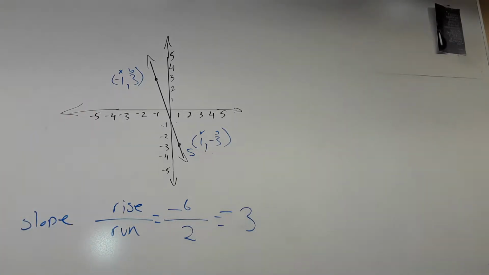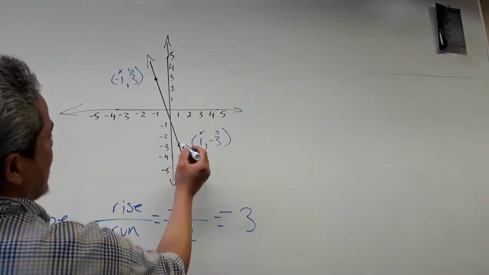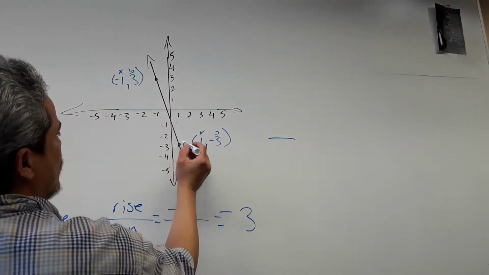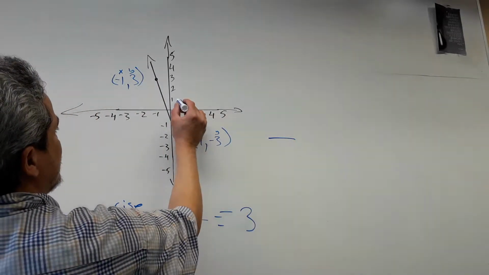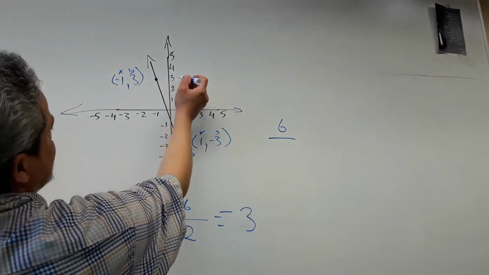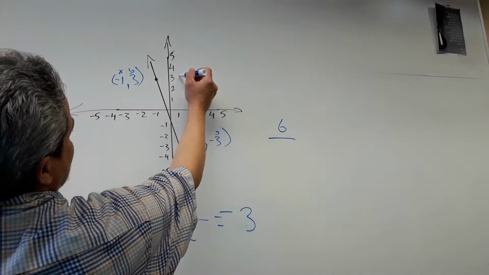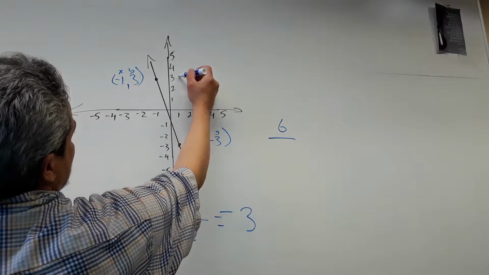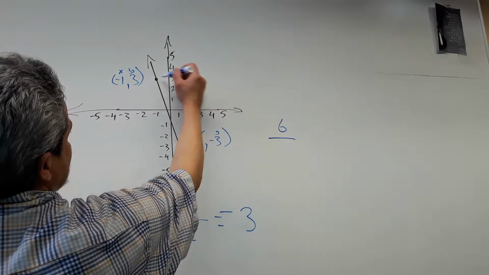Now, as I was showing you the other way, I'll show you the mistake that I made. Let's do it here: 1, 2, 3, 4, 5, 6. That's the rise. And the run: I'm at 1, so I have to go from 1 to 0 and then to negative 1. So that's 2, 1, 2.